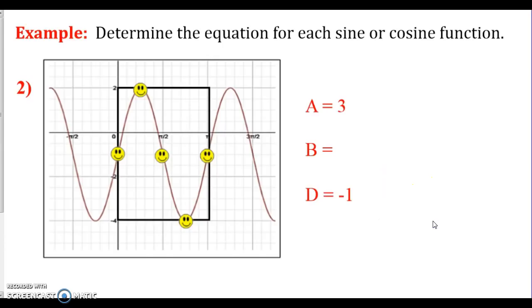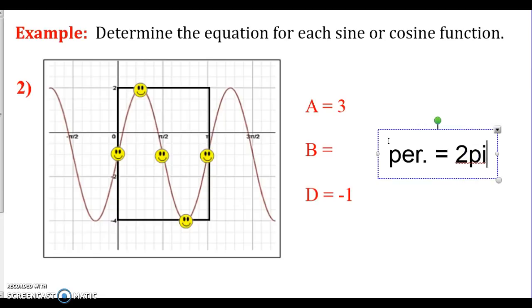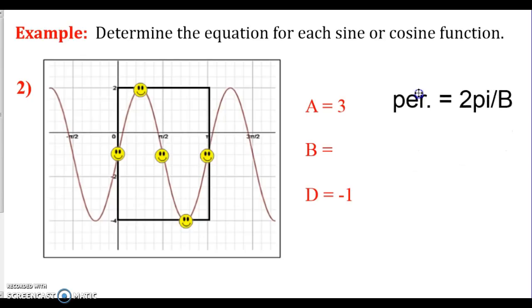Next up is the b value. So the b value is going to be kind of tough. The b tells us, or helps us find the period. So remember the equation is, period is going to equal 2 pi over b. Well, I know that the period in this case is going to be pi, because I started at 0 and I end over here at pi.